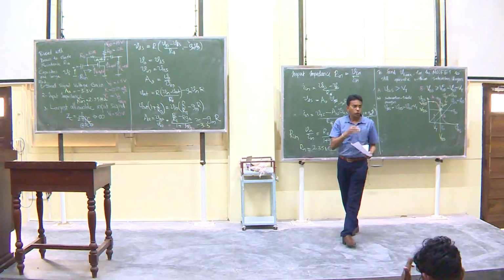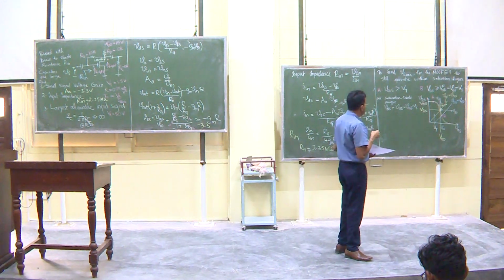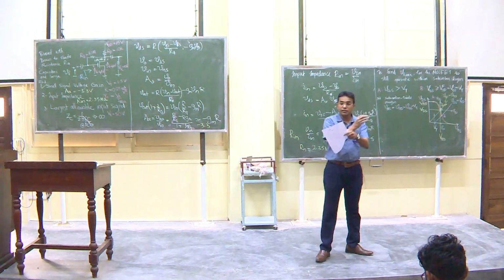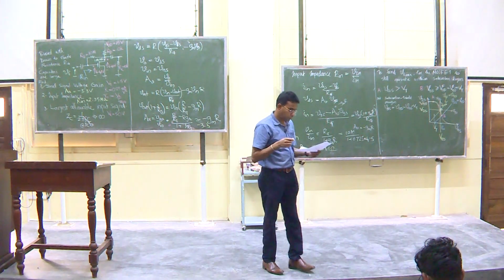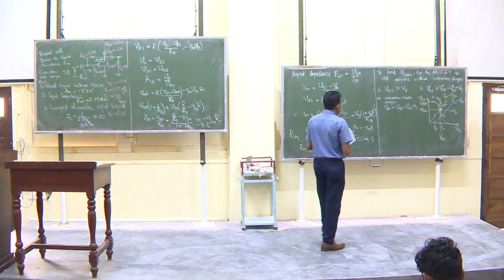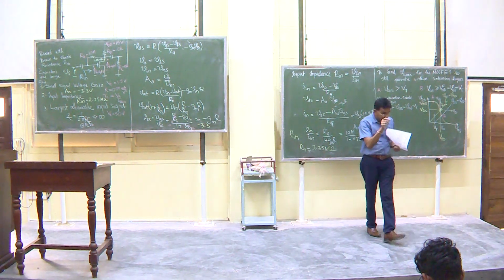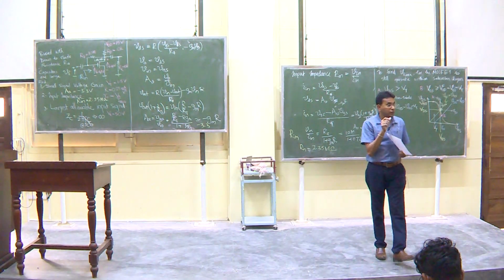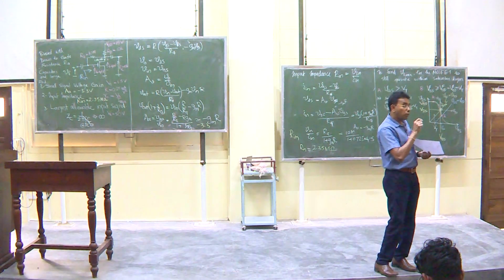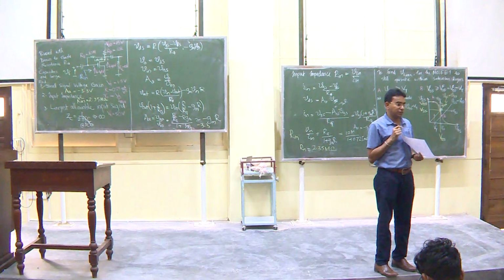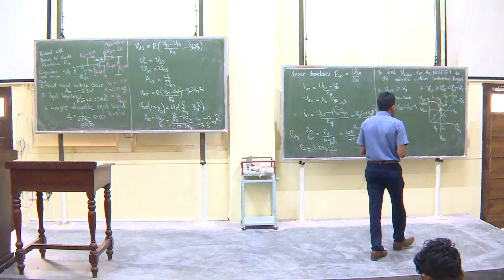On the operating point, this will be my AC axis. If I want to find the change in VGS that puts it into the triode saturation margin, how much should I input?